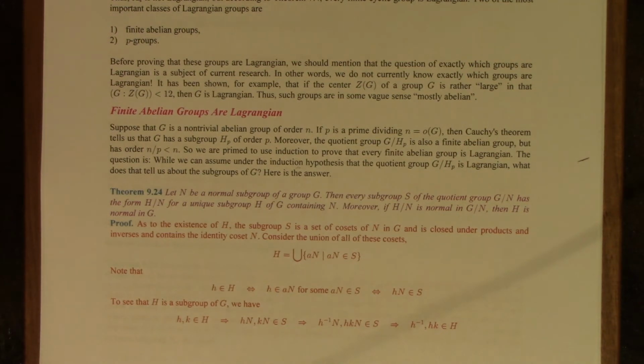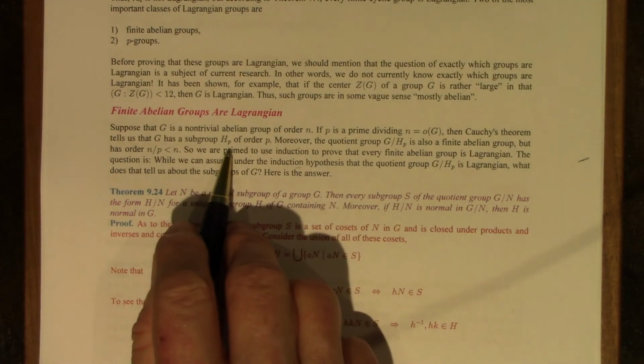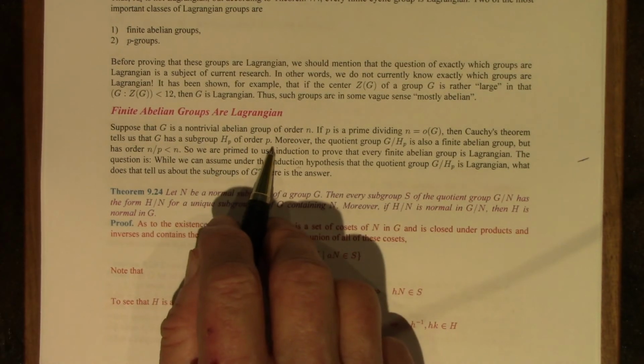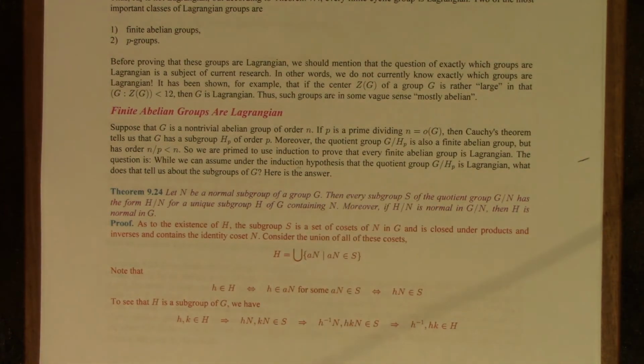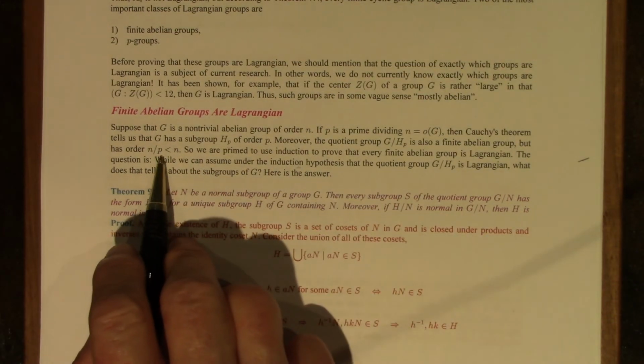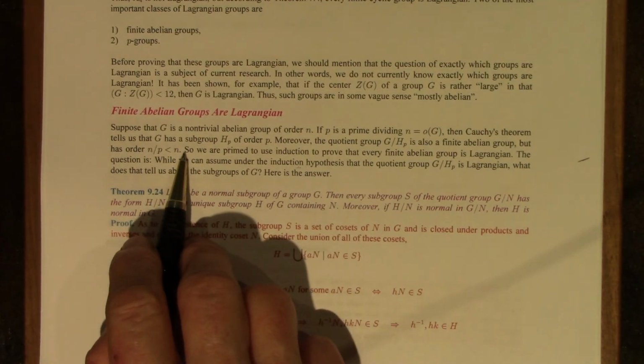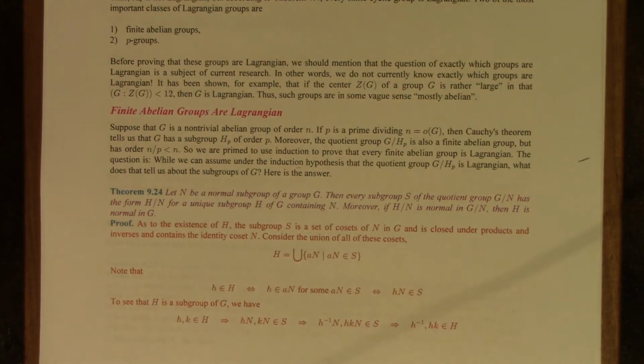If P is a prime dividing n, then Cauchy's theorem tells us that G has a subgroup, which I'll call HP, of order P. And the quotient group, G mod HP, is also a finite abelian group, but its order is n over P, which is less than n. So we are primed now to use induction to prove this result, that every finite abelian group is Lagrangian.